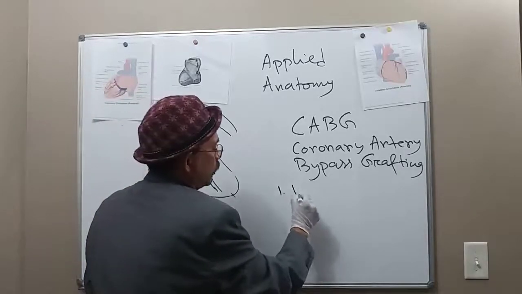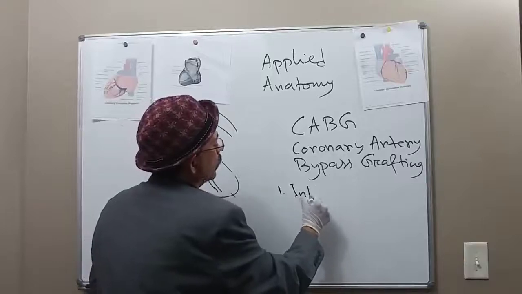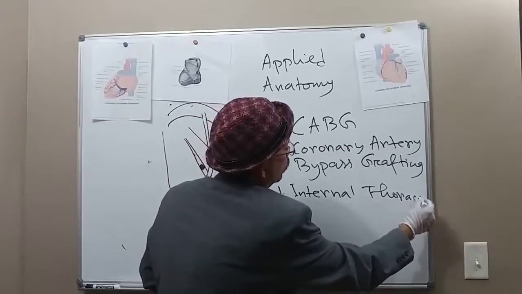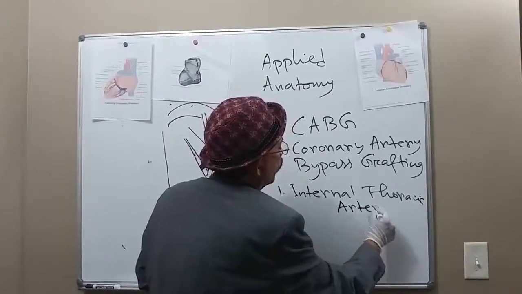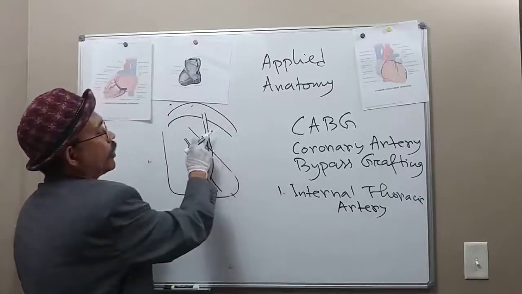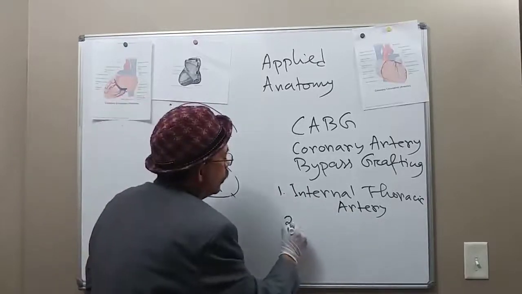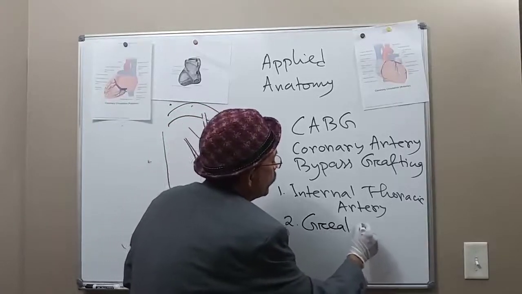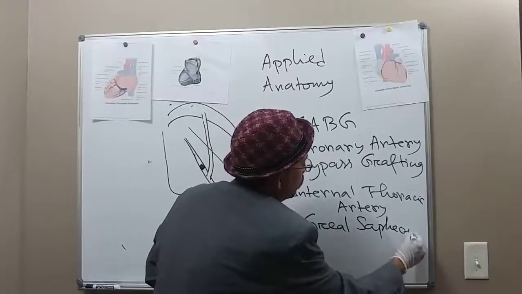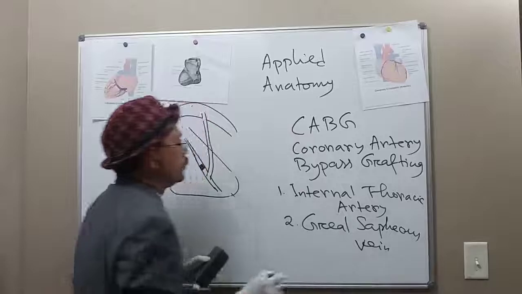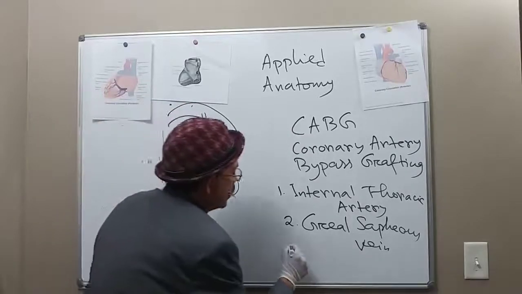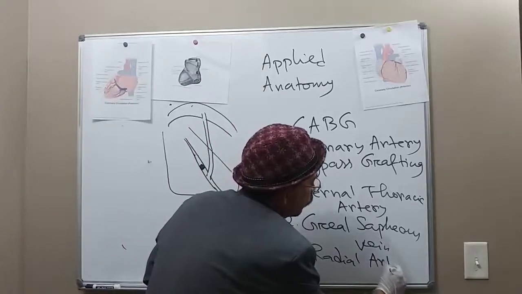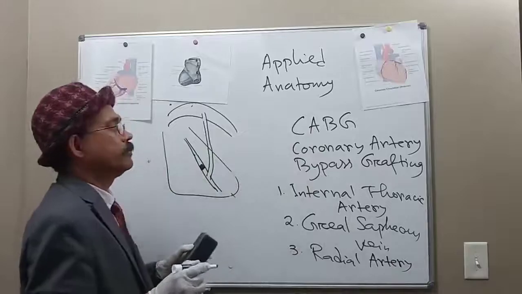Usually the cardiac surgeon uses the internal thoracic artery for bypass grafting. It may also be a part of the great saphenous vein, or a part of the radial artery. These are commonly used in coronary artery bypass grafting.